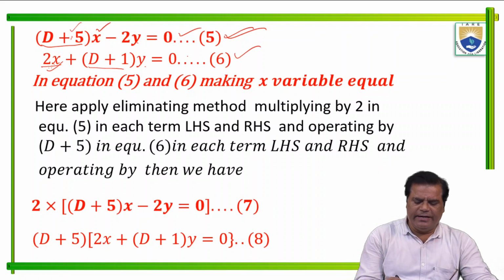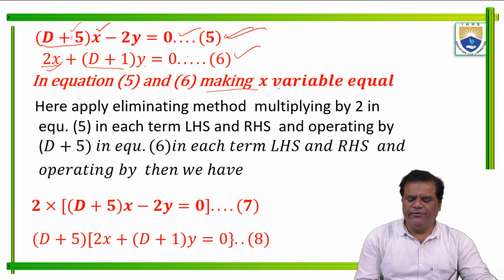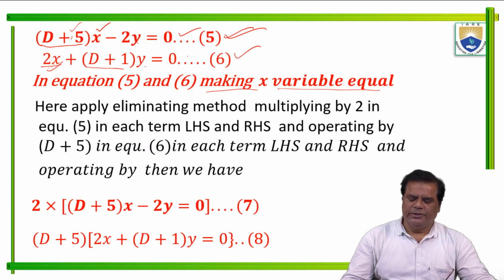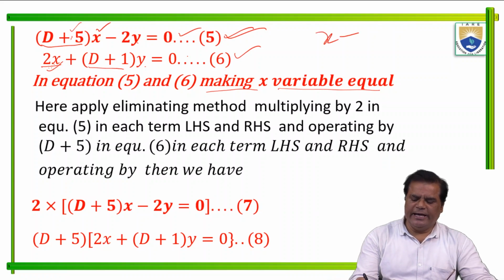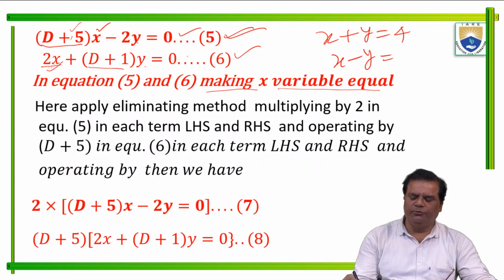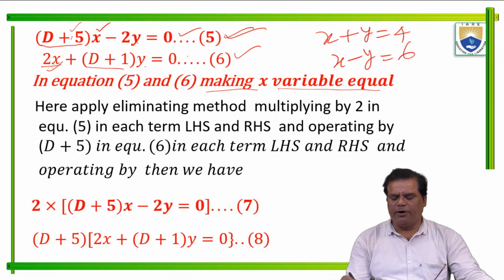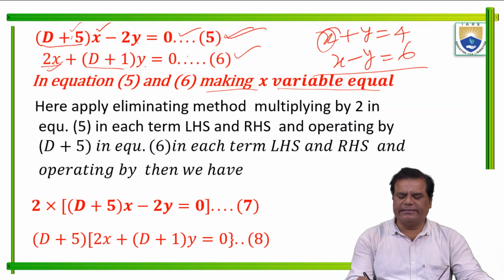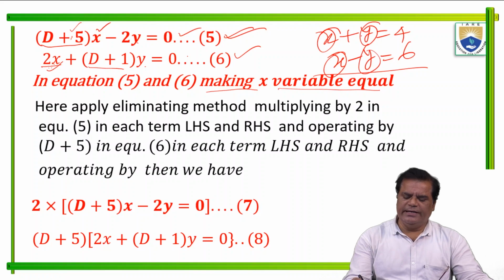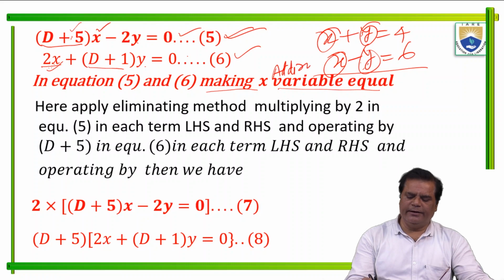In equations 5 and 6, make the x variable equal. Similarly, take the equations x plus y equal to 4 and x minus y equal to 6. In this type of equation, the signs of y are opposite, so after adding, y cancels.